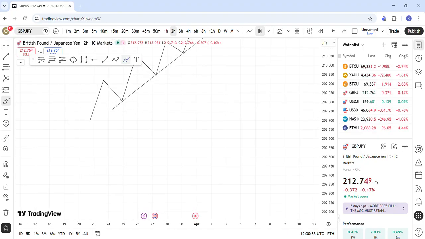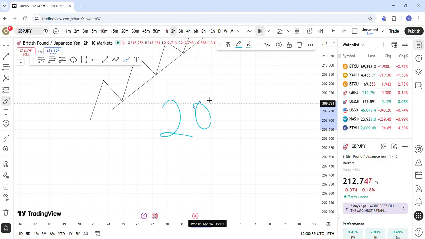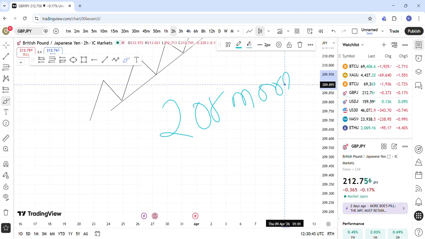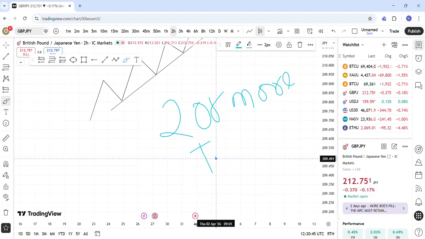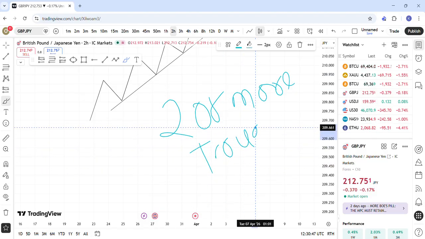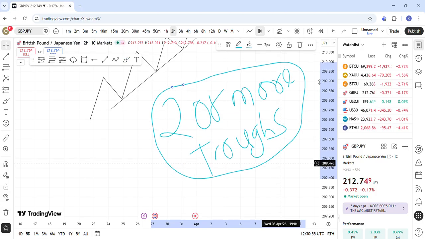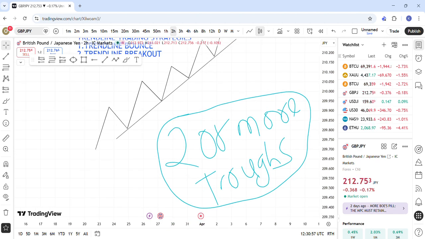A trend line is the connection of two or more troughs. That's what a trend line is. And I'm going to show you what a trough is. See the trough here, or peak.